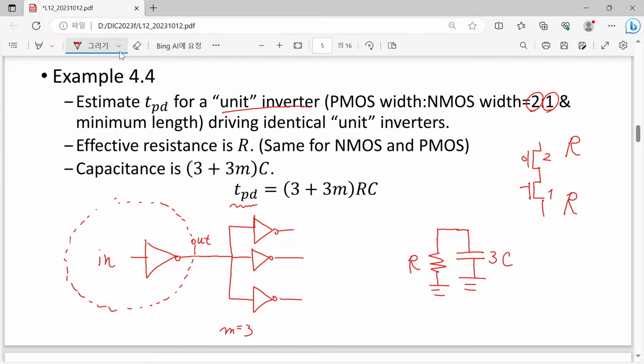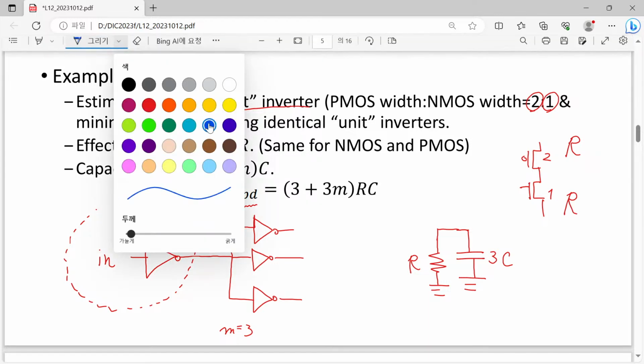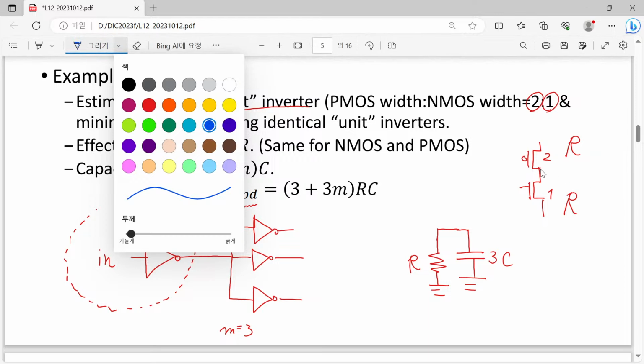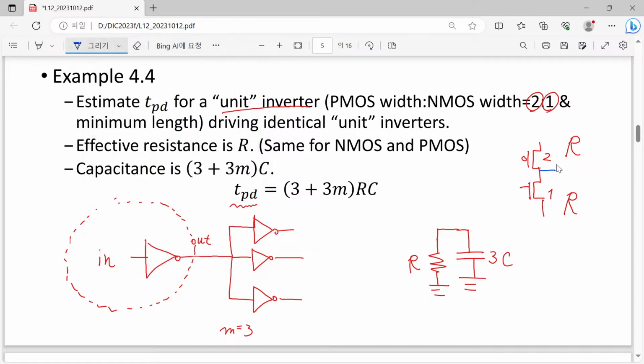And how about the capacitance? Since the PMOSFET is twice as wide as the NMOSFET, it will contribute 2 times C, and the NMOSFET will contribute just C, and once again they are connected in parallel.